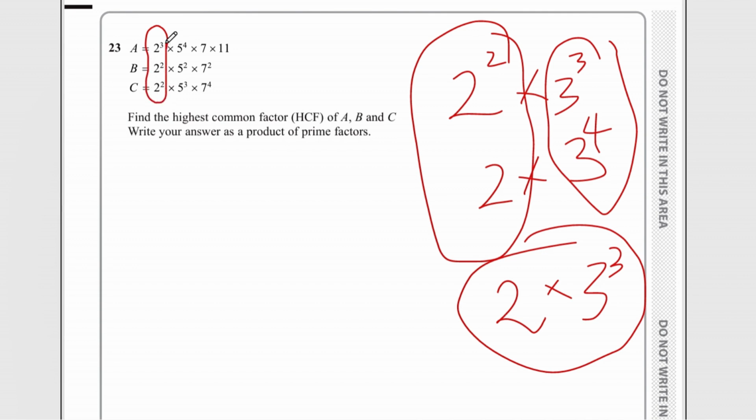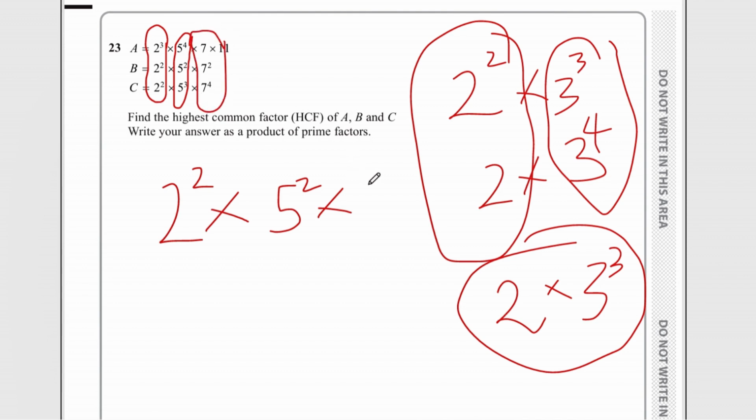Okay, just like that. So back to the question. In each of the group, we pick the smallest one and it has to be common. So 2 is in every one of them, 2 to the 5 is in all of them, so you use 5 to the power of 2, and 7 is in all of them, you use 7. So you pick the smallest one in each group.